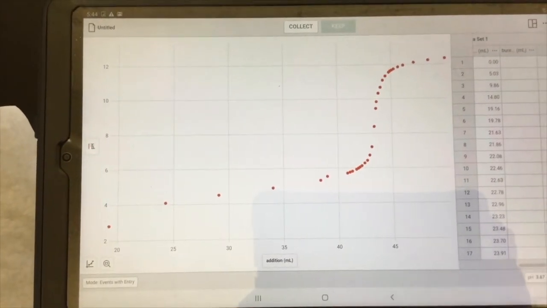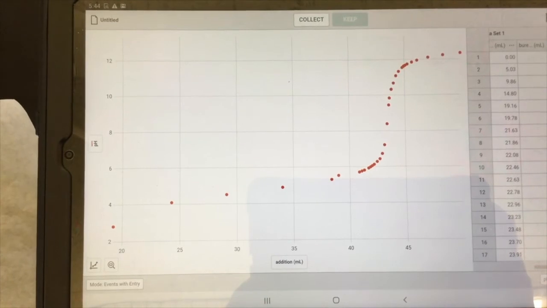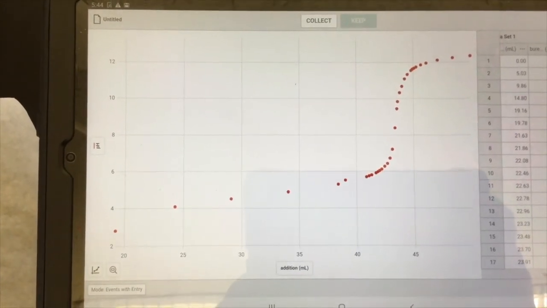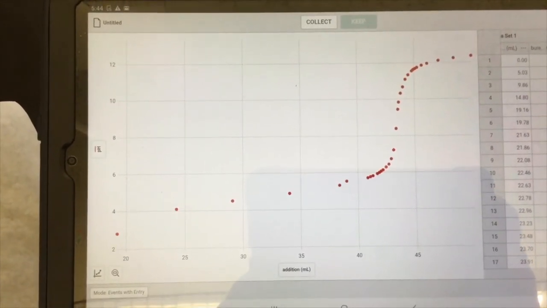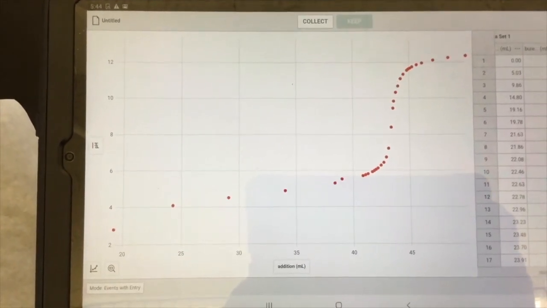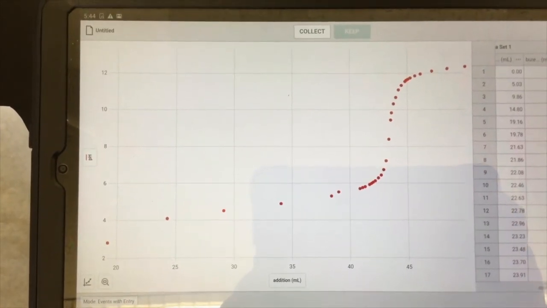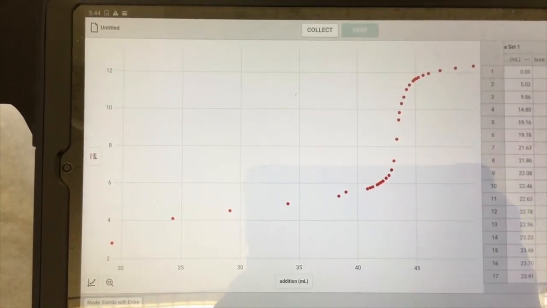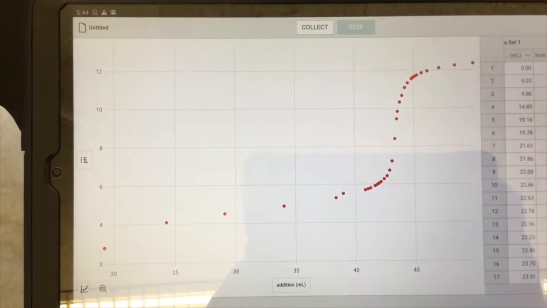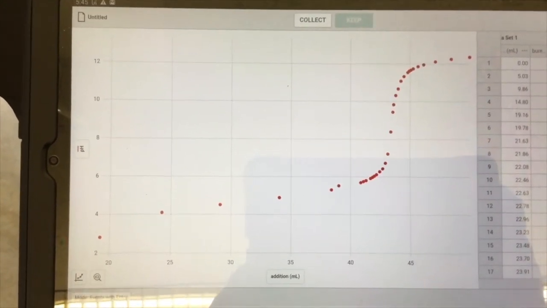So now for the buffering region. The buffering region changes quite dramatically in the amount of NaOH that we've added, but the pH doesn't change a lot. So we're going to use this for a pH that we're interested in. So this region is going to help us find what is called the Ka, or the equilibrium constant for acids for a particular compound.